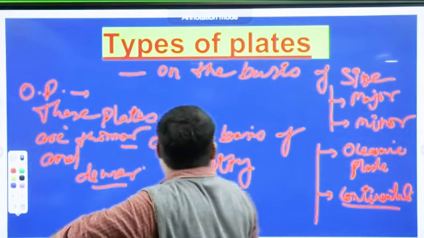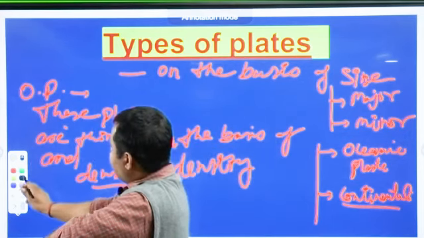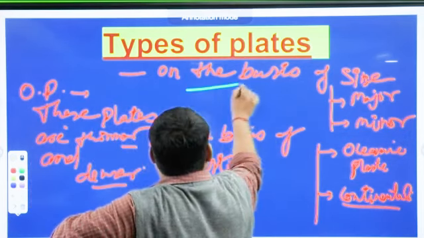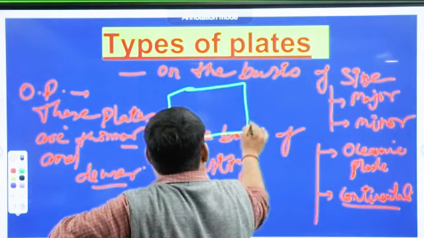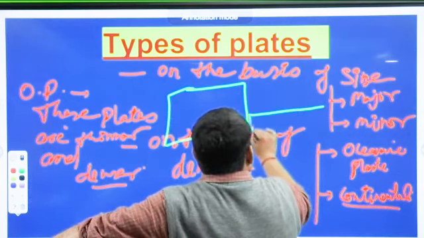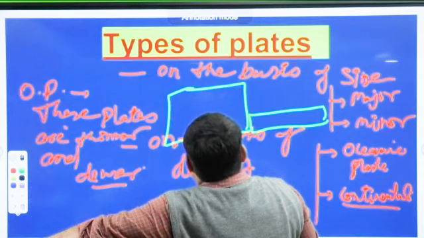Suppose this is the continental plate, in such circumstances the oceanic plate would be of this size, right?